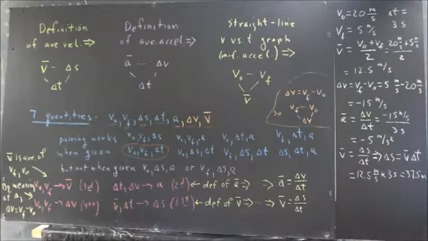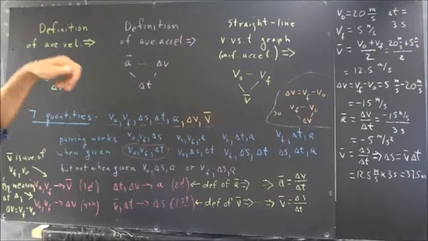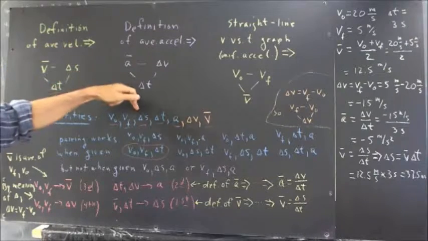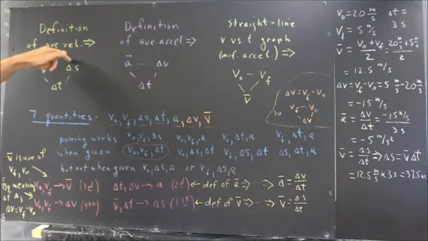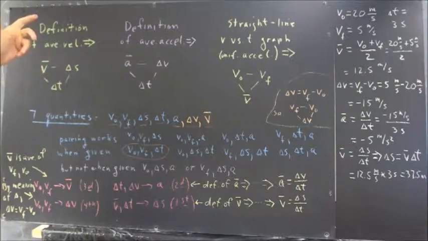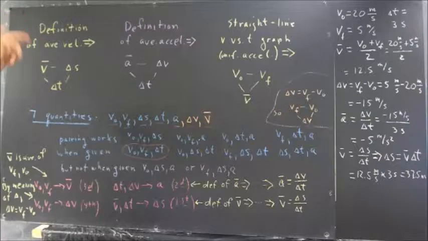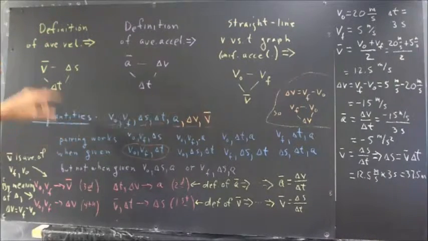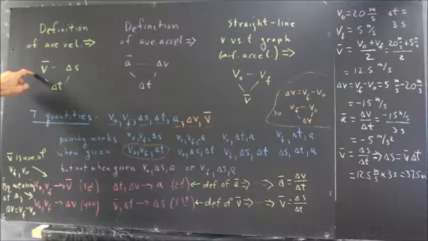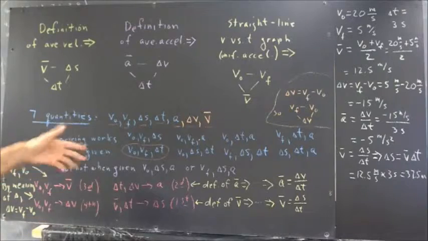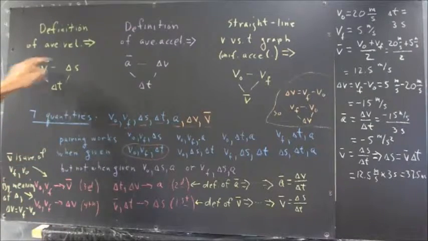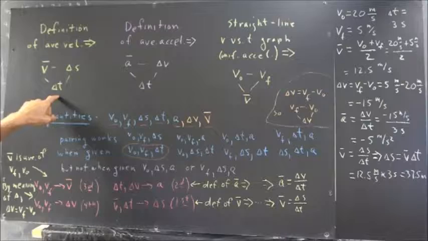Okay. Now, if we pair up delta S with V bar, we have delta S and V bar, and that exists in a triangle with delta T, indicating, whether we think about exactly why or not, that these 2 quantities will give us this one.